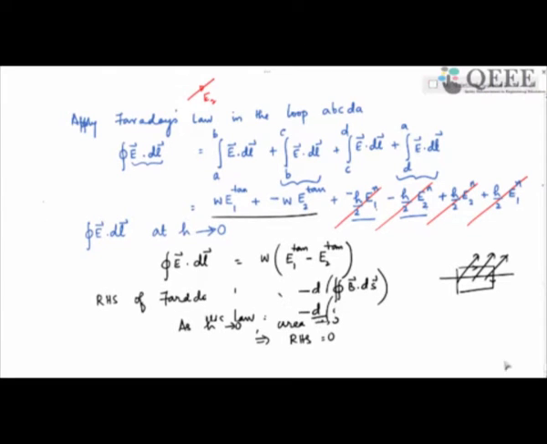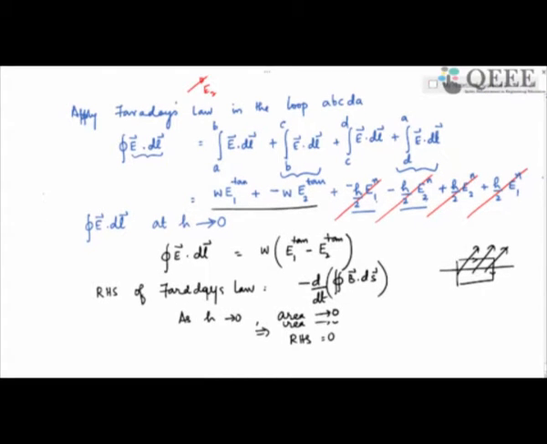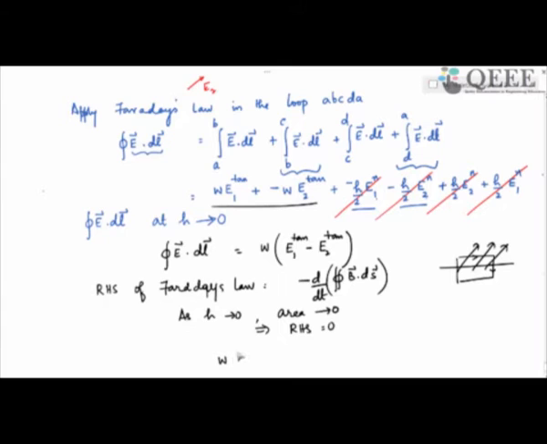So, what does Faraday's law give us on that loop? It tells me that W times (E1 tangential minus E2 tangential) equals 0, or this simply implies E1 tangential is equal to E2 tangential, because there is no reason for W to be 0.